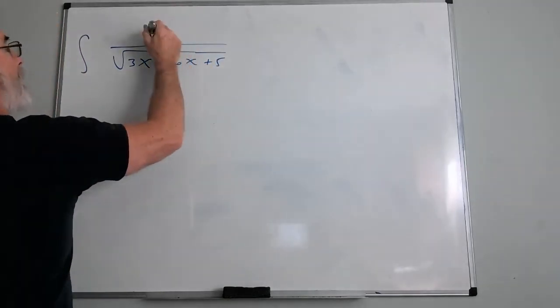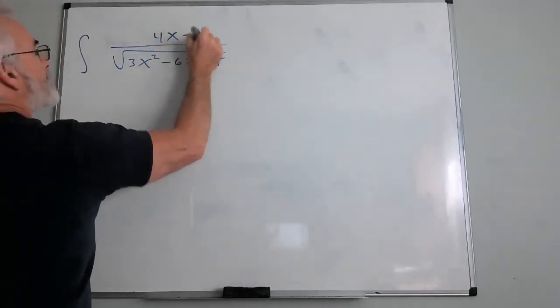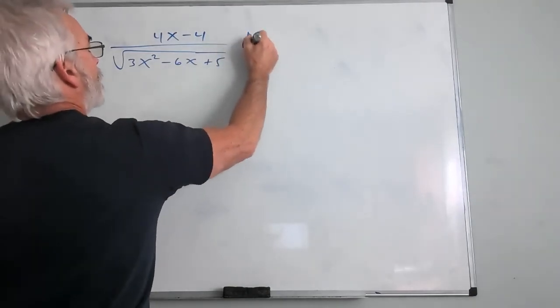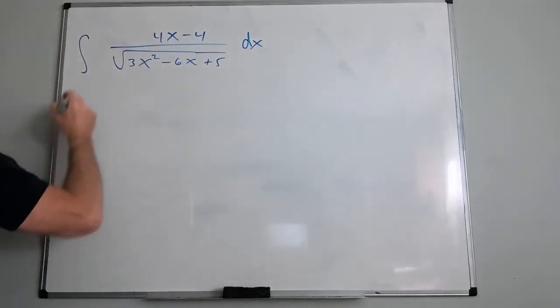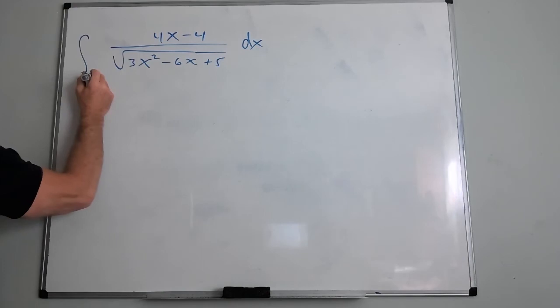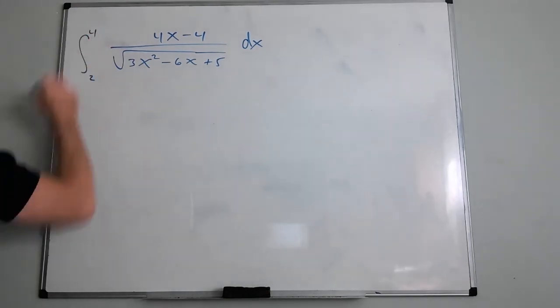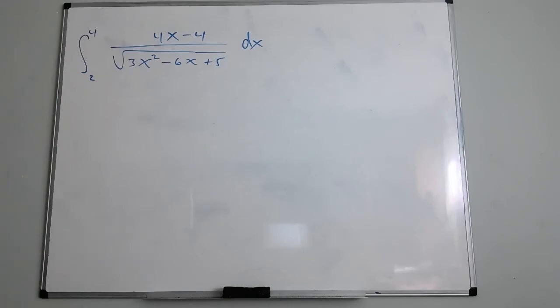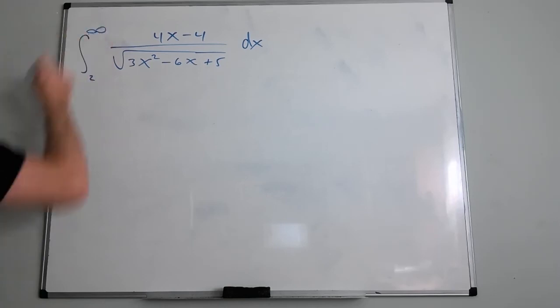And on top, I have 4x minus 4. And I'm going to go from, how about, let's see. Let's go from maybe 2 to 4. I'm sorry, not 2 to 4. I'm sorry. 2 to infinity. What am I saying? 2 to 4.